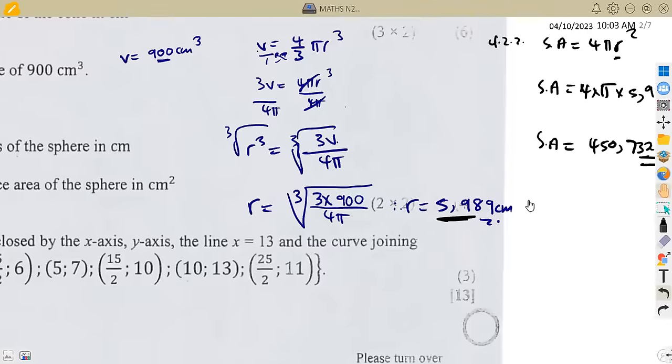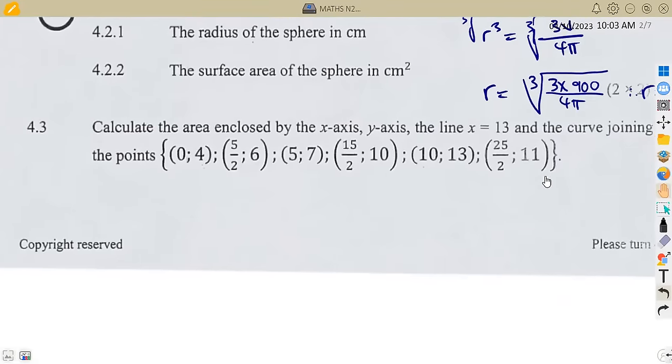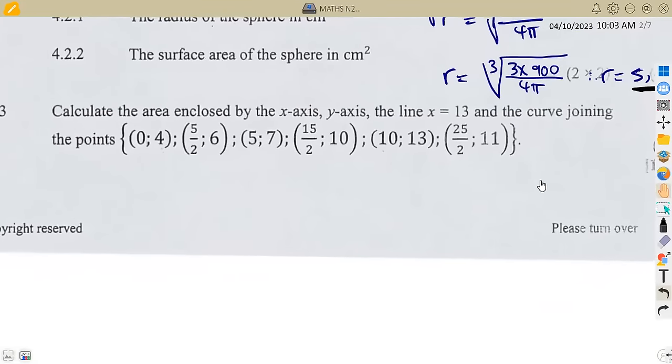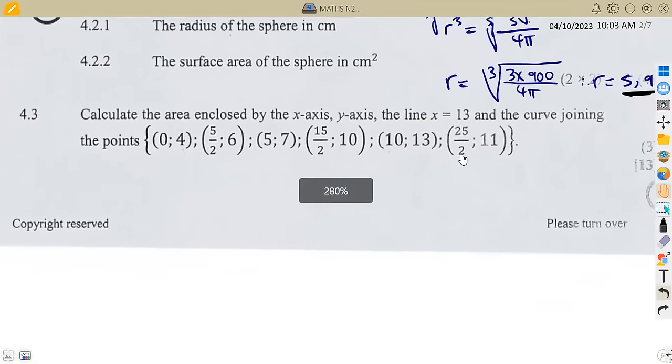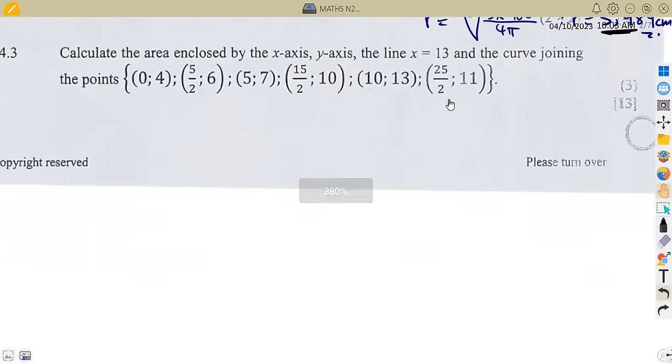Then another part of the question, 4.3, the last part of question 4, having a total of 13 marks. Calculate the area enclosed by the x-axis, the y-axis, the line x is equal to 13 and the curve joining the points. You're given the points that are separated in between.